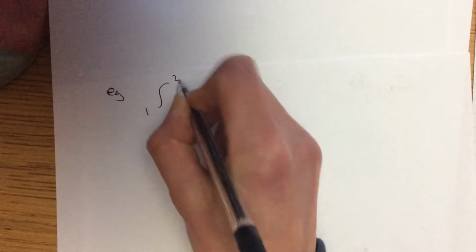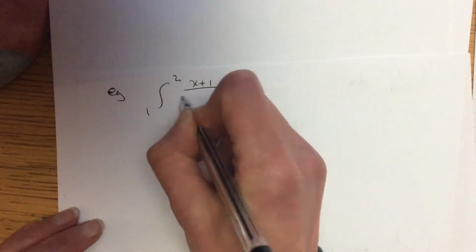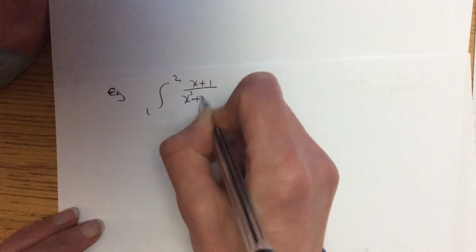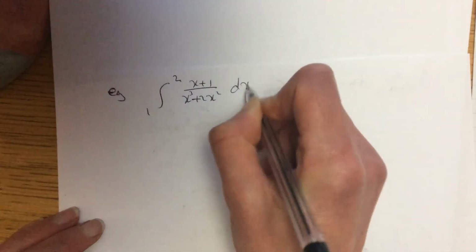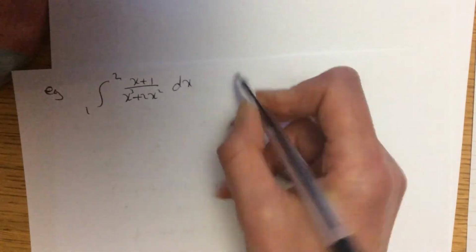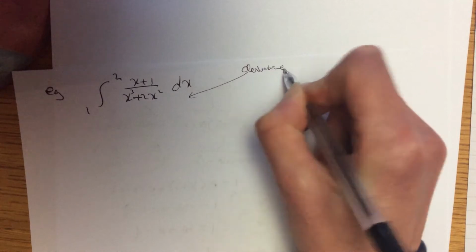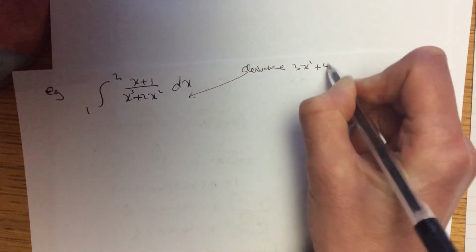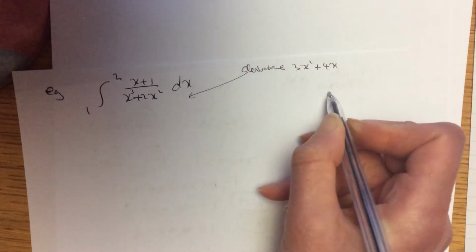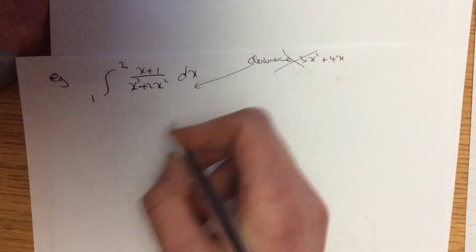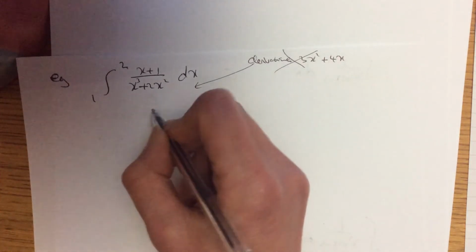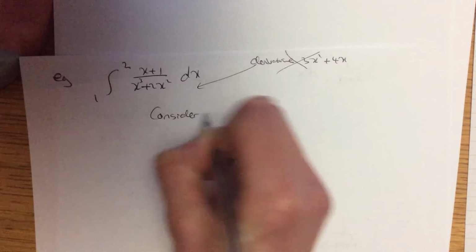The second example, example 2, the integral of x plus 1 over x cubed plus 2x squared dx. Now, I always check for the derivative. If you differentiate the bottom, you get 3x squared plus 4x. I don't have that on top, so I have to go through a different way. And the different way is always your partial fractions.